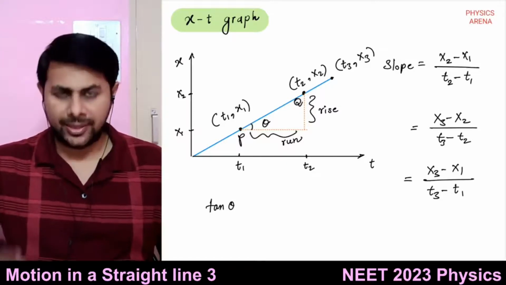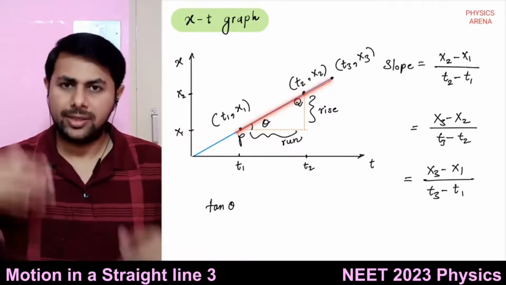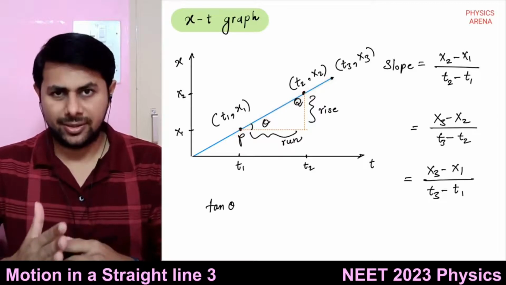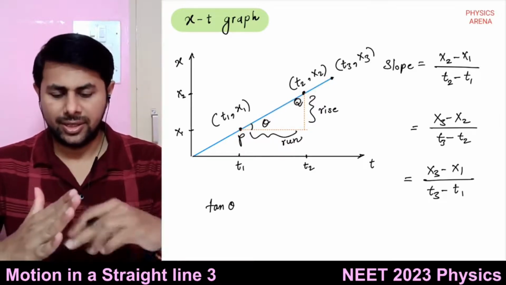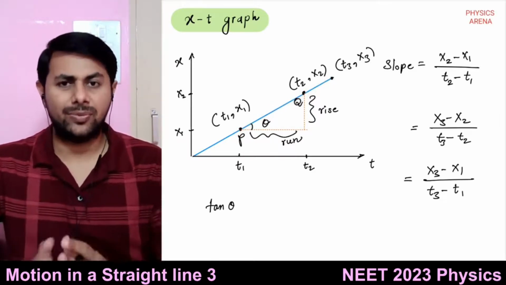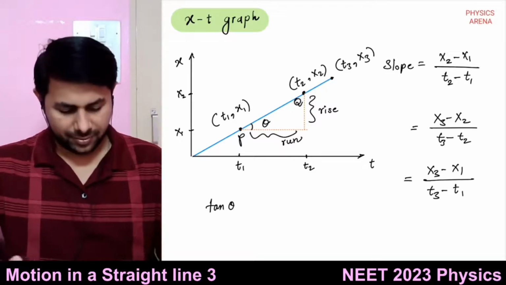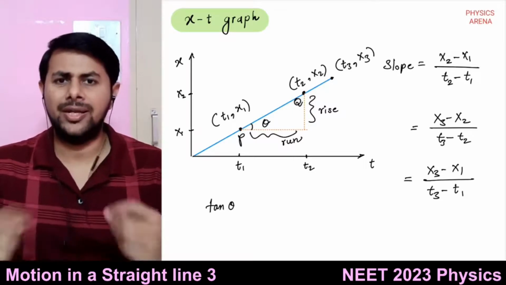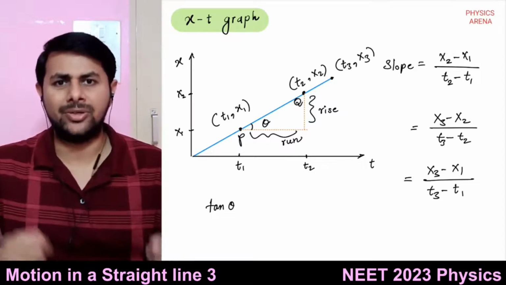So the slope of a line is given by what? Suppose it makes an angle theta with the horizontal. Then tan of that angle gives you the slope of the line. Now you can pick any two points on the line to find its slope.